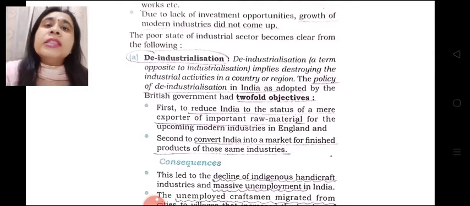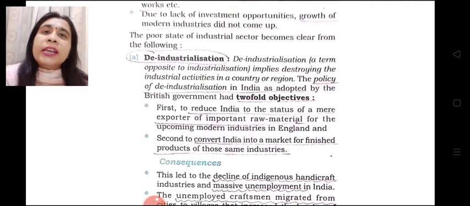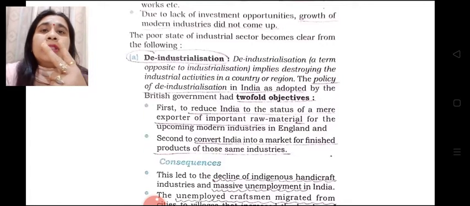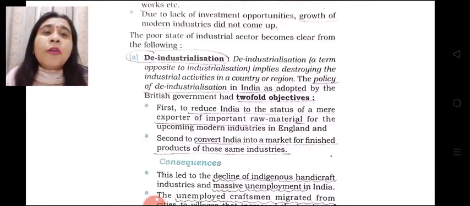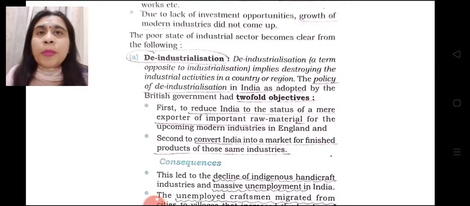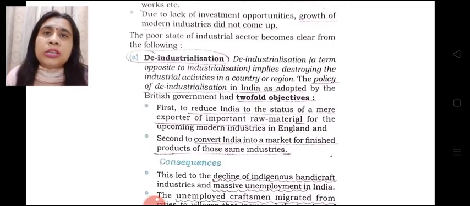Deindustrialization means a policy of the government which leads to a declining industrial sector in an economy. First of all, this deindustrialization was done with two basic objectives. First objective was to reduce India to a mere status of exporter of raw material to Britain, where industrialization was taking place.